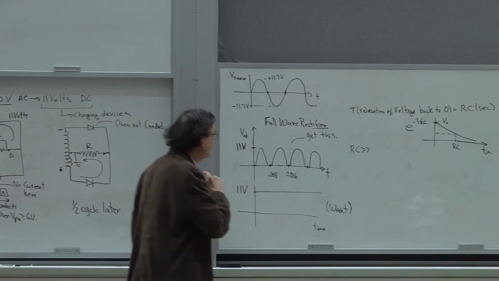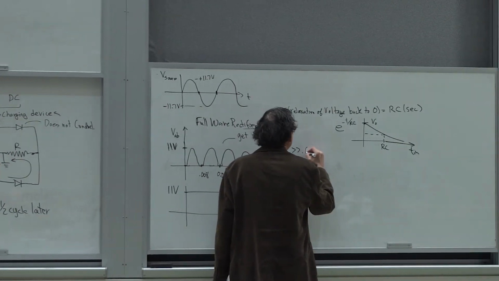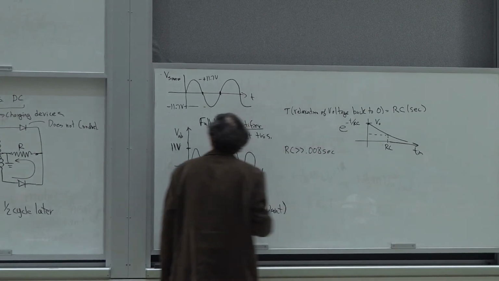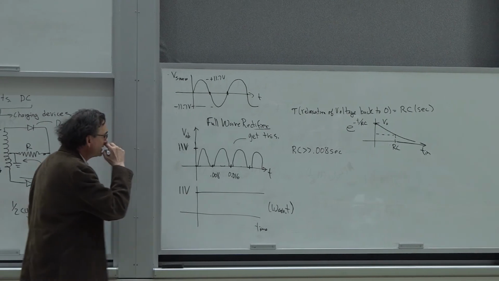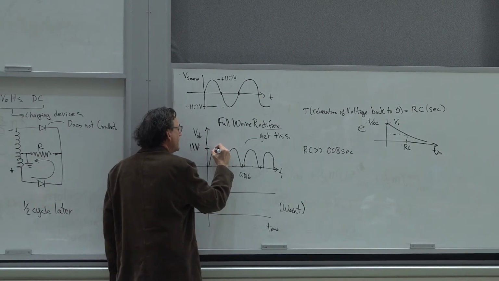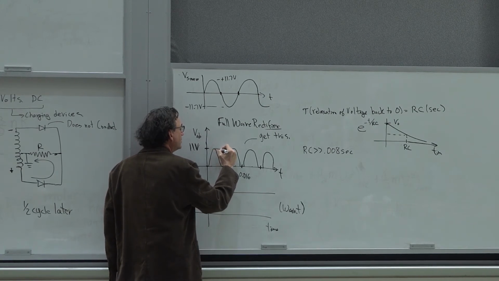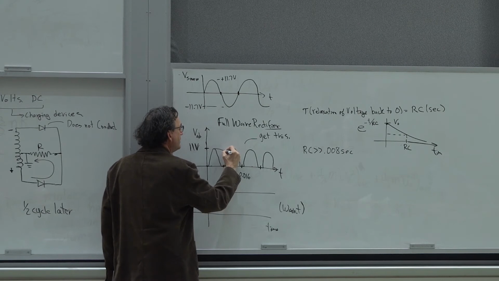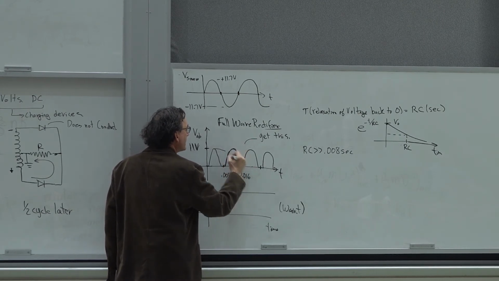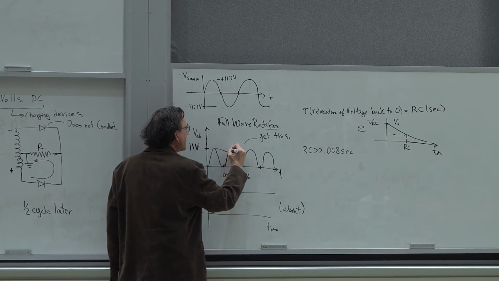So now, if I want to make this RC much larger than 0.008 seconds, then even though the voltage has been disconnected or turned off, it begins to fall back down with a very long time constant. And then before it can get to 0, the next part of the sine wave comes back up again and boosts it back up.